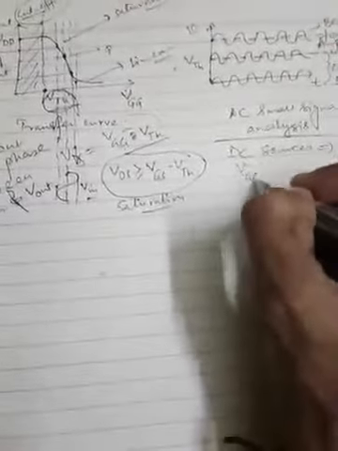So now let us move on to the AC analysis. First, all the DC sources should be made 0. That means the DC sources here, VGG and VDD, are both equal to 0. We need to make these DC biasing voltages 0.